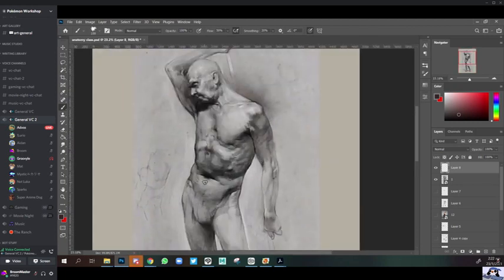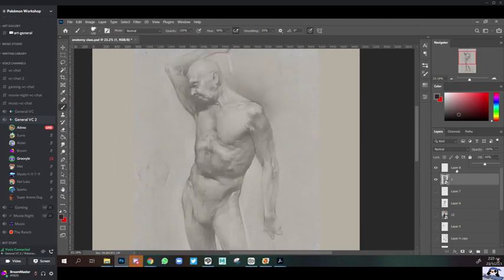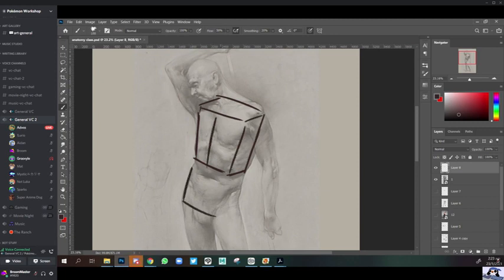So for this, we can actually see the body a bit clearer now. For the body, I can see the ribcage should be here. The pelvis also tilts in this.